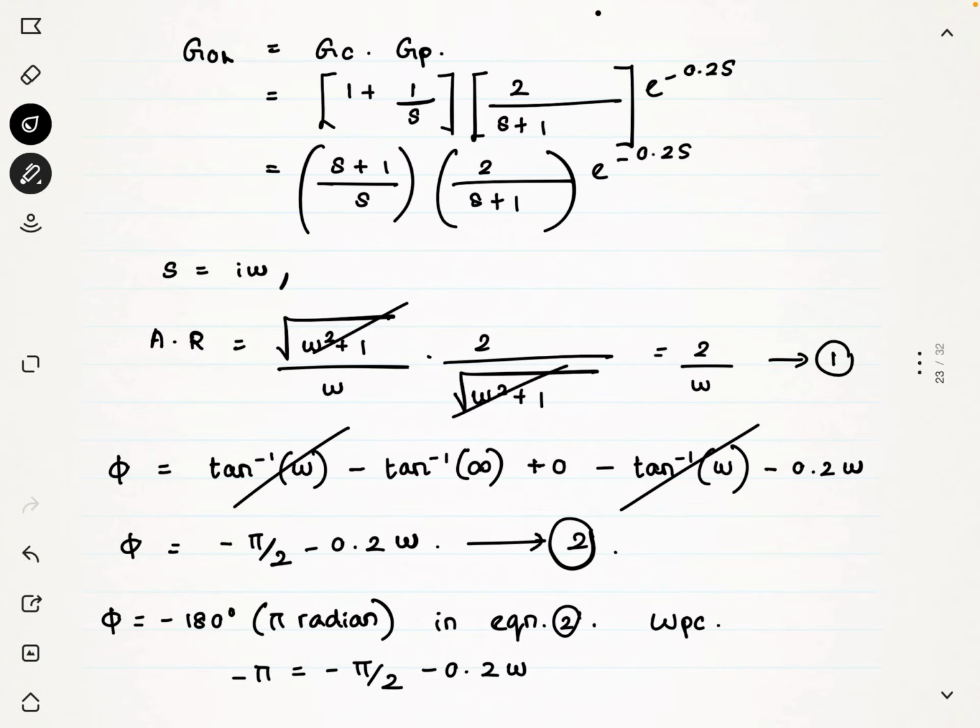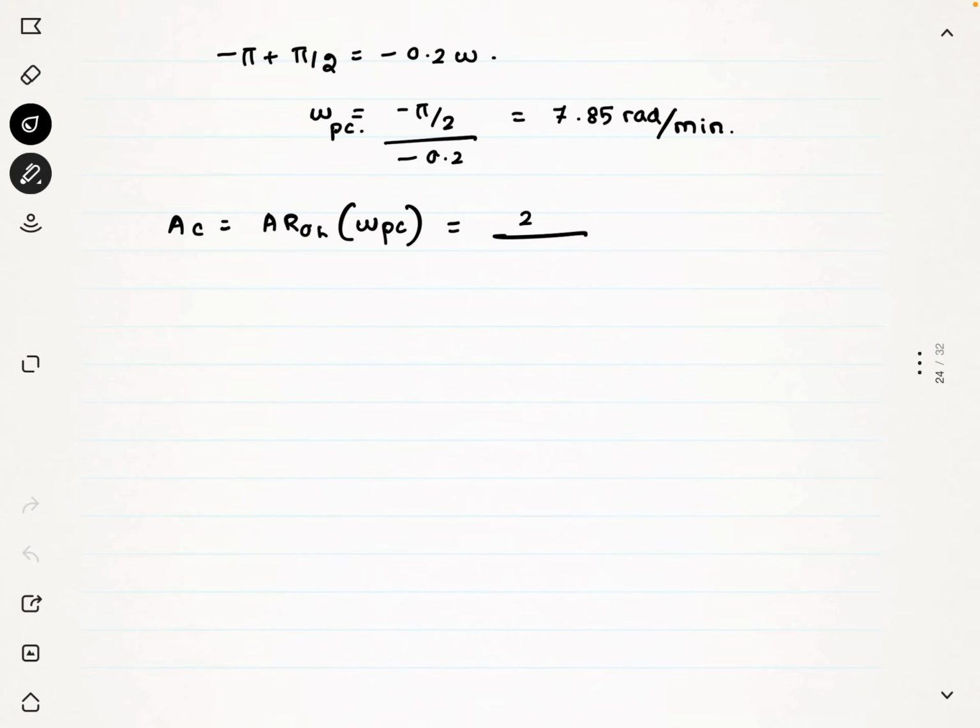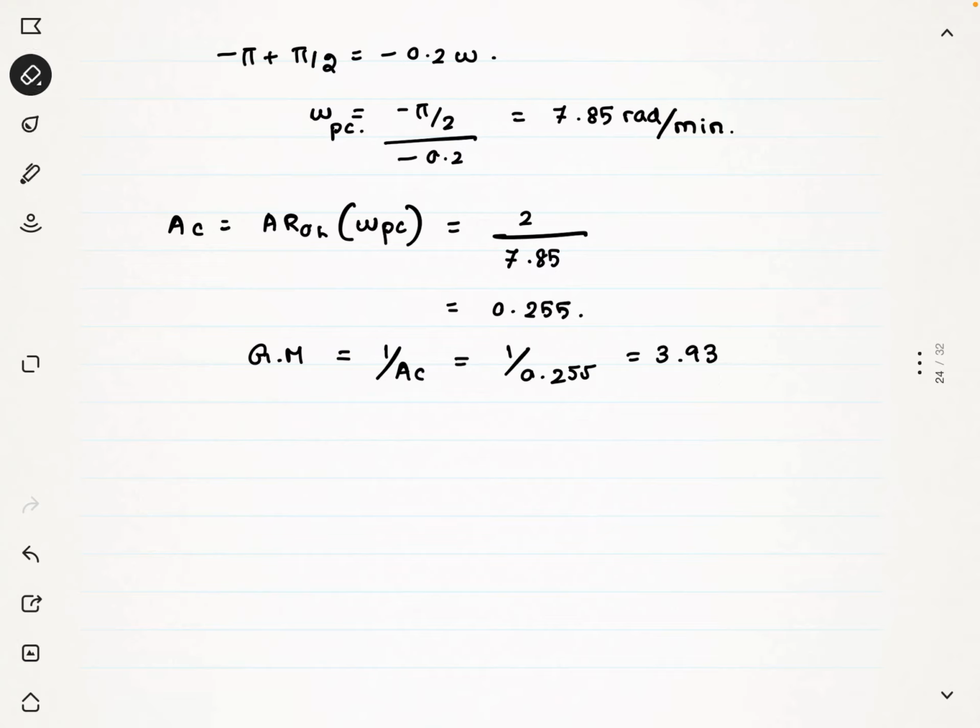So the equation was 2 by omega, so we have 2 by 7.85, which is equal to 0.255, and the gain margin GM is just the reciprocal of the critical amplitude ratio, so 1 by Ac, which is 1 by 0.255, which is equal to 3.93. Yeah, so this completes our first subdivision.